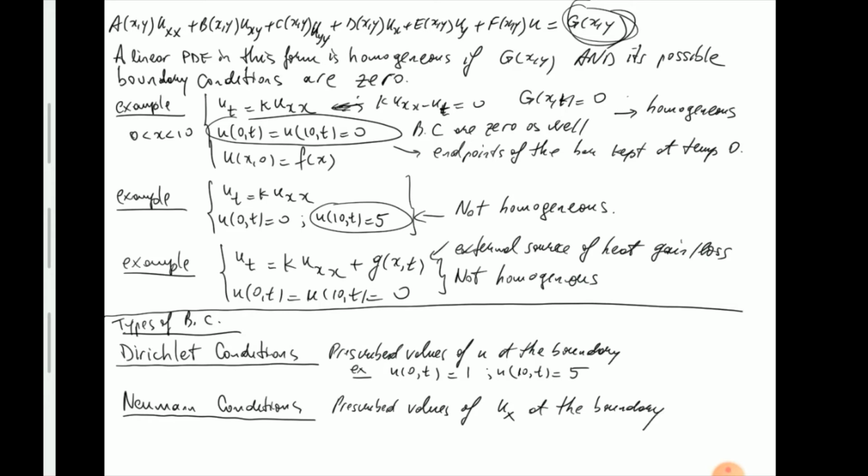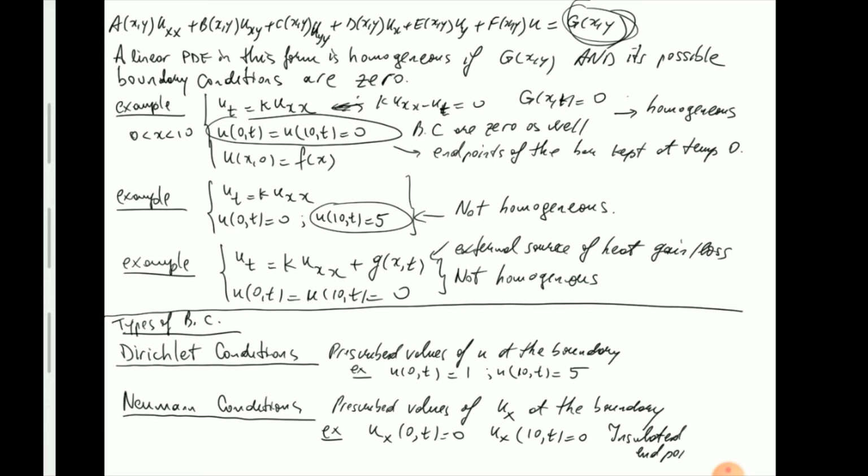Like for example, let's say you have u partial x at 0,t equals 0, u partial x at 10,t equals 0. This will be, for example, the condition we impose for insulated endpoints.